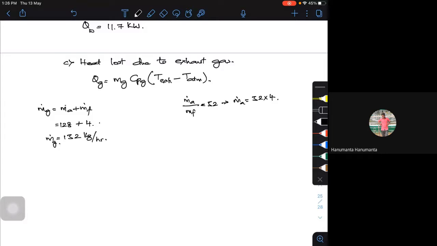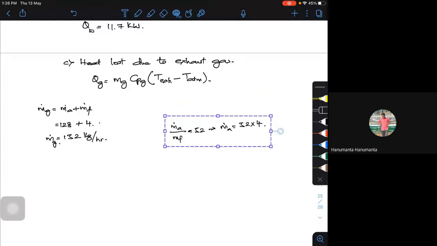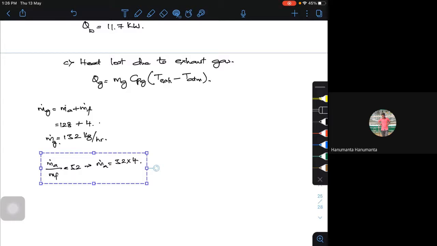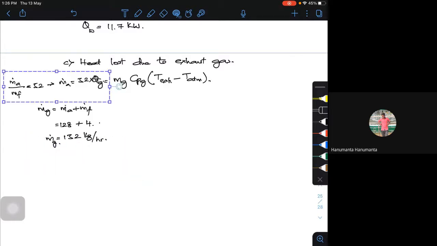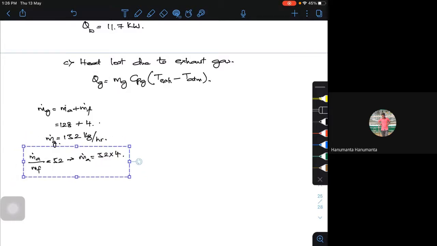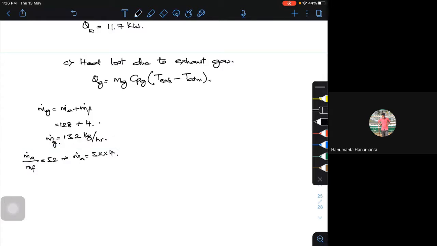So I have to substitute this over here to get the heat loss due to gas. That is 132, into the Cp of the gas.